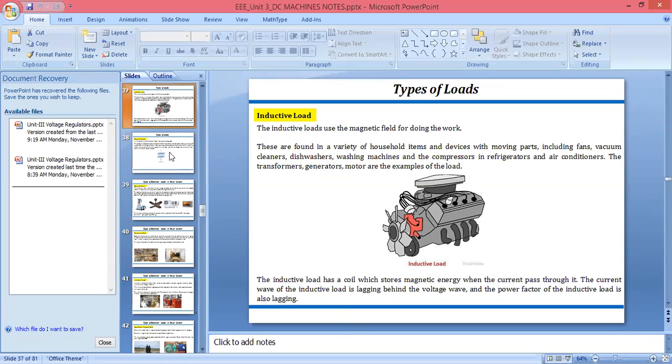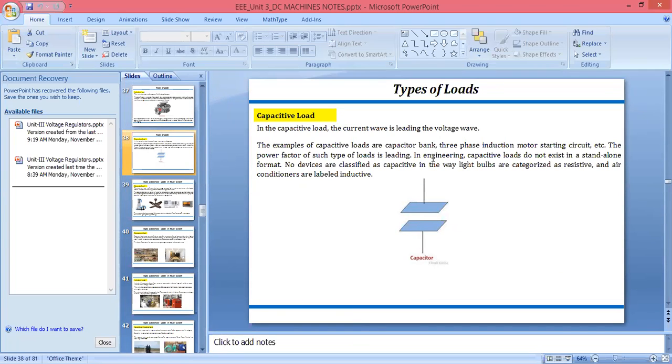But here with the capacitor, the capacitor will store the charges when it is in the charging phase. So when it goes for discharging, there is some amount of charge. So when we are using a capacitive load, the current wave is leading compared to the voltage wave.